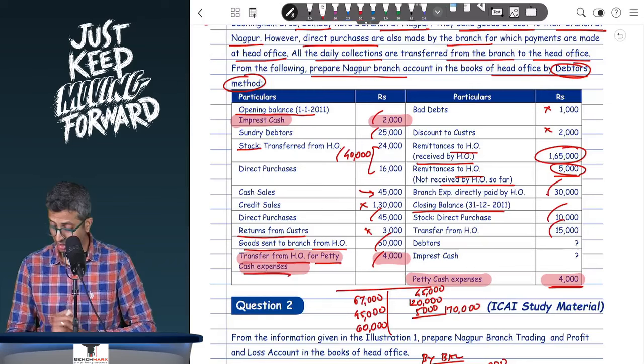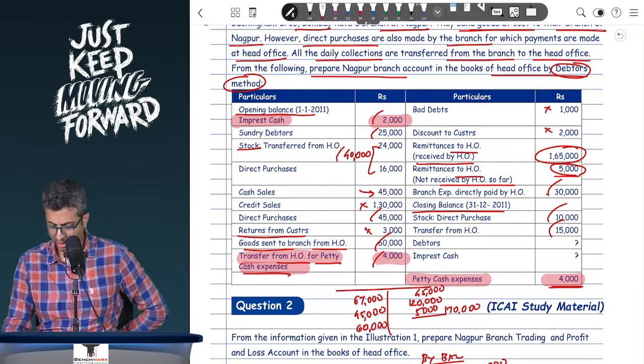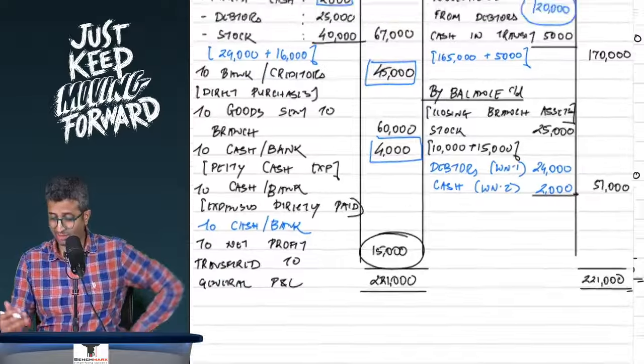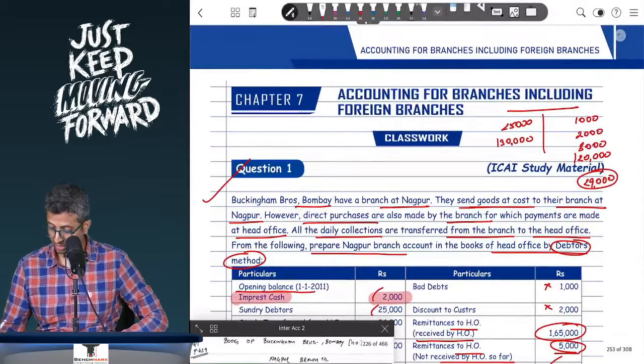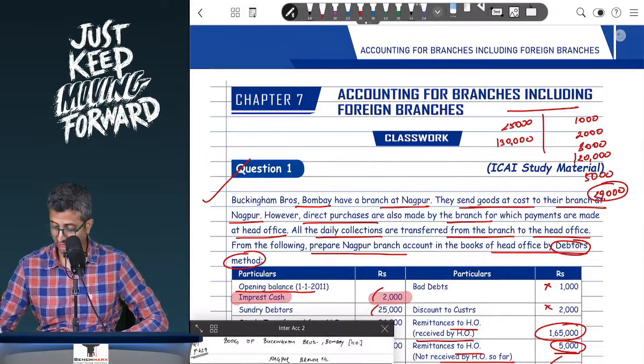No, there is also, I think, remittances which have not been received by the HO. So over here, just a second, if I were to verify this, so even that must have been collected from the debtors. See, 120 though is collected and remitted, but 5,000 is collected, but it is in transit, and hence the remaining 24,000 is the balance in the debtors.